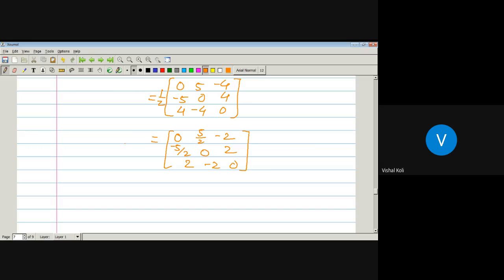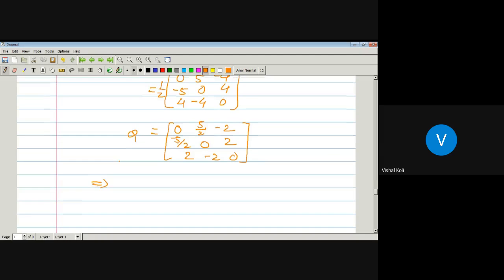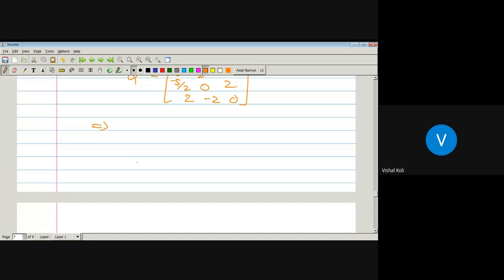So this will be a matrix Q. Now by the definition of a skew symmetric matrix, all the diagonal elements of a skew symmetric matrix are 0. So here matrix Q has all the diagonal elements 0, and a_ij equals minus a_ji for all values of i and j. Then by definition, Q is a skew symmetric matrix. Therefore, the given matrix can be expressed as a sum of a symmetric and a skew symmetric matrix.